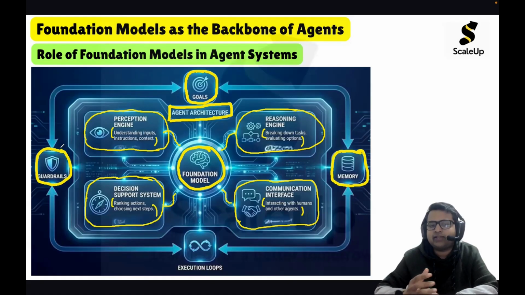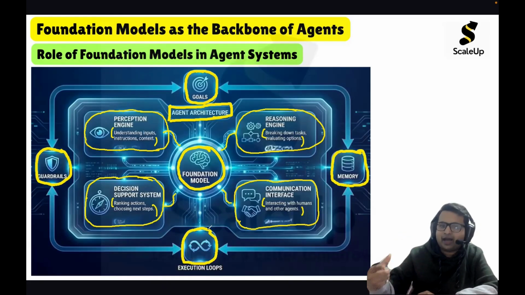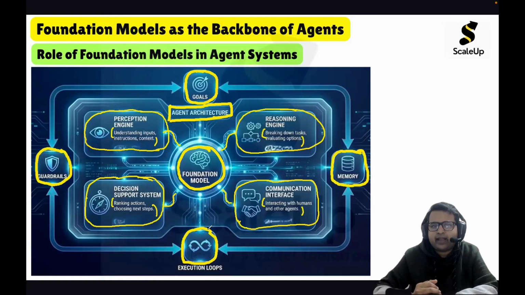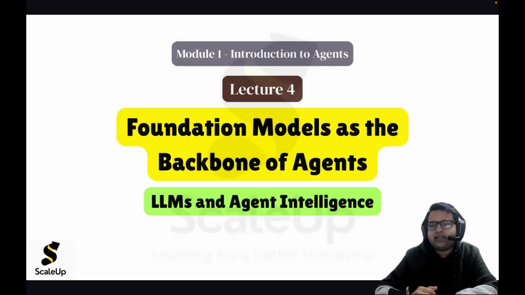It has constraints, and this execution loop is there, which we already saw: perceive, plan, execute, reflect, adapt, then once again do the same thing. So it's a cycle. Hence the foundation model is called the backbone of agents, because every component, every module of the agent makes use of the foundation model.